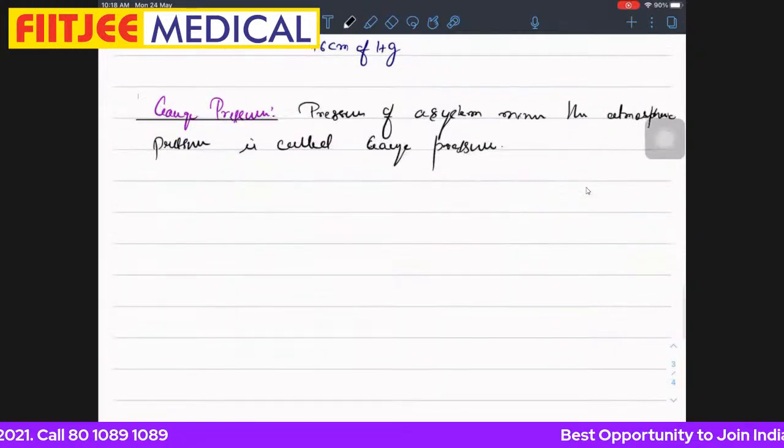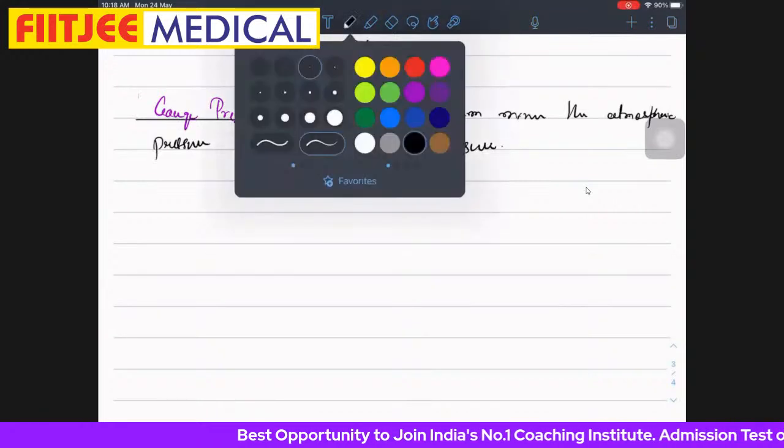Means we don't include the atmospheric pressure term, then it is called gauge pressure.